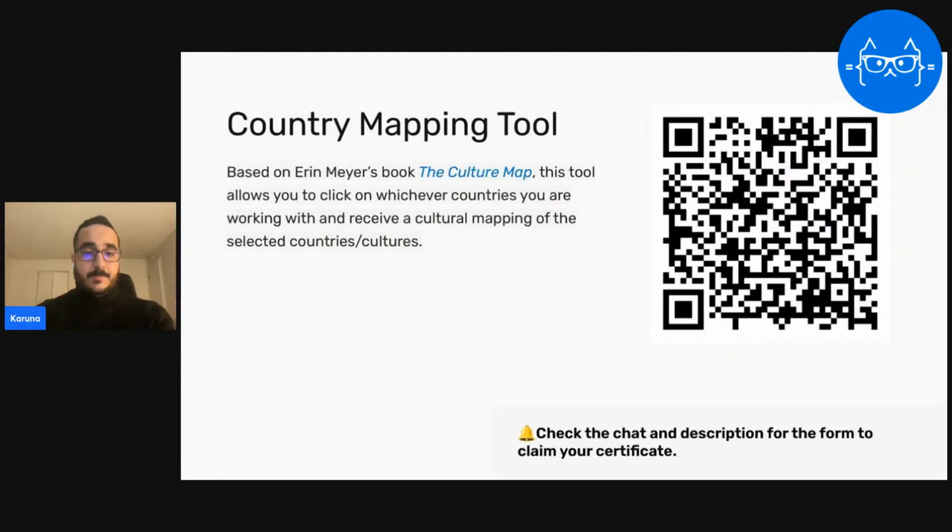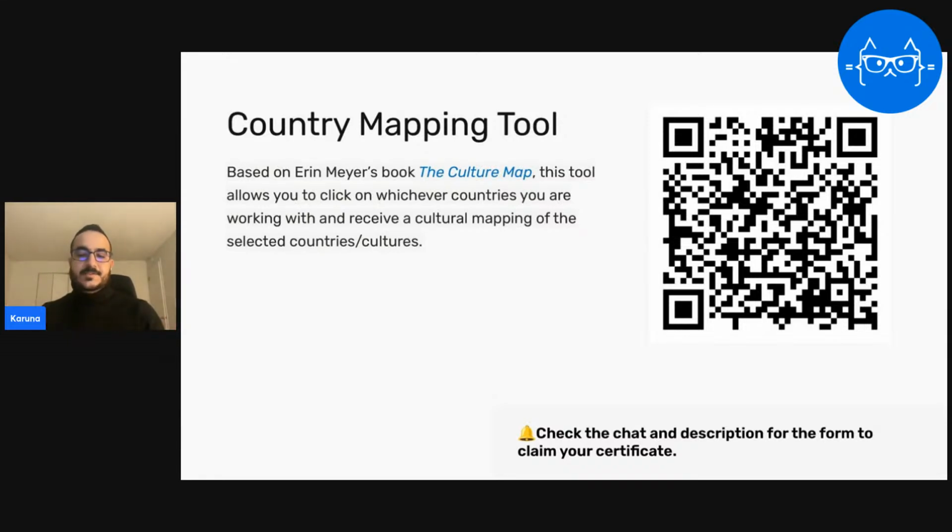There is a country mapping tool that's also based on the book, The Culture Map. And this tool allows you to click on whatever countries you're working with. So I think someone asked about how to communicate with Germans, or how communication works in Germany. Well, this is a really cool tool: you scan the QR code, select the country, and it will tell you what sort of communication style they tend to use.